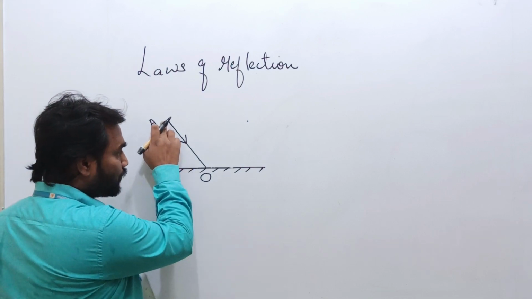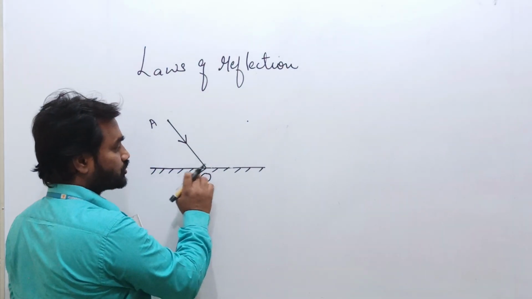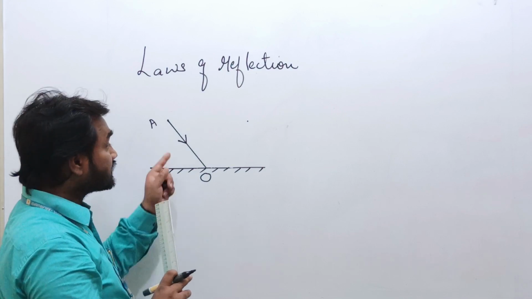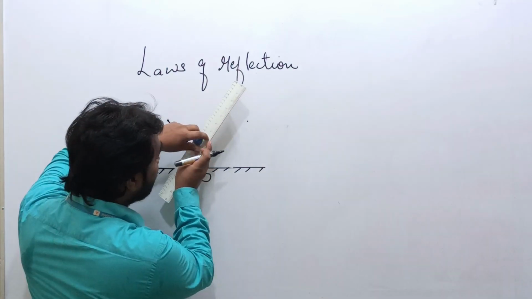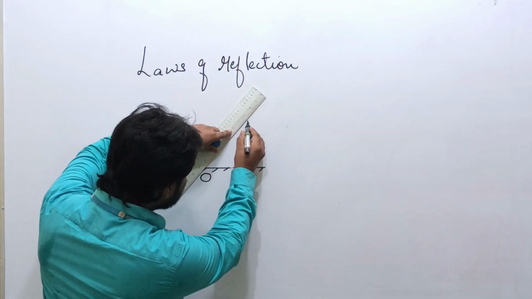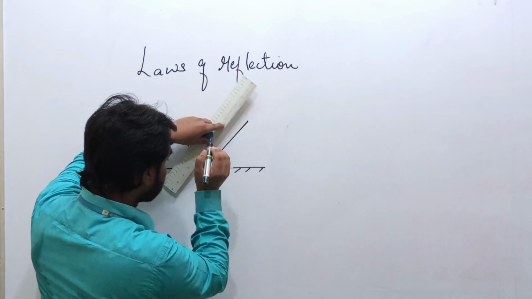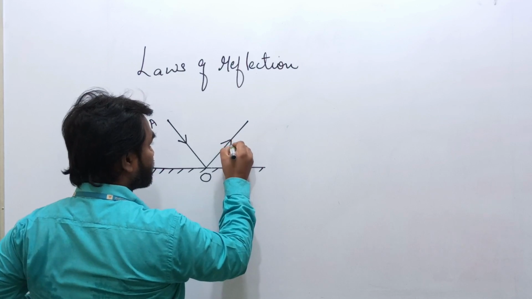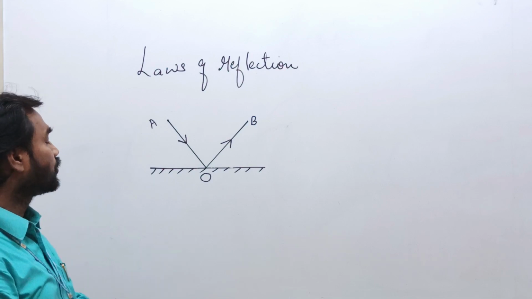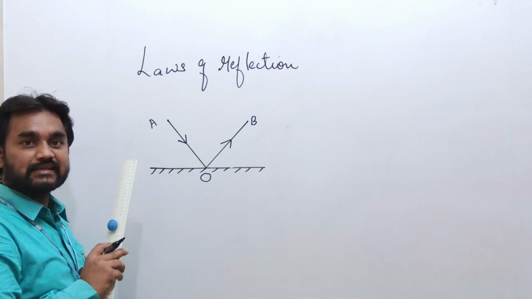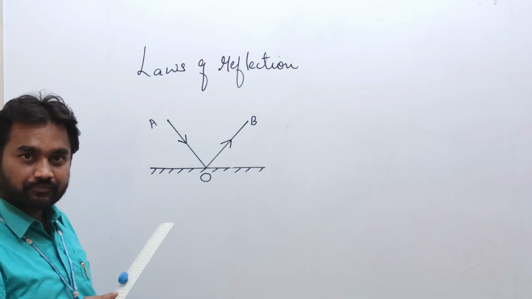Now, as and when this incident ray AO strikes or falls onto this surface, this ray is going to change its direction. That is, it is going to bounce back, and that we call reflection. Let me name it as point B. So here AO is the incident ray, O is the point of incidence.